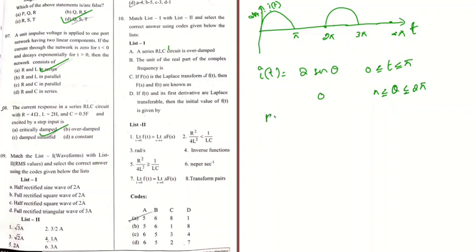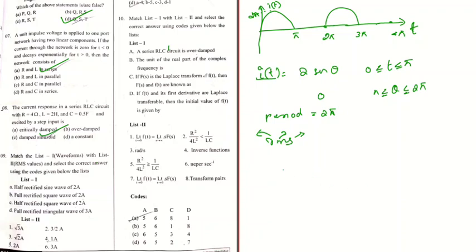So the period here is 2 pi, and we have to find the RMS value. RMS value is root mean square value. That means we first find the square, then take the mean of that, and then finally take the square root of the mean.